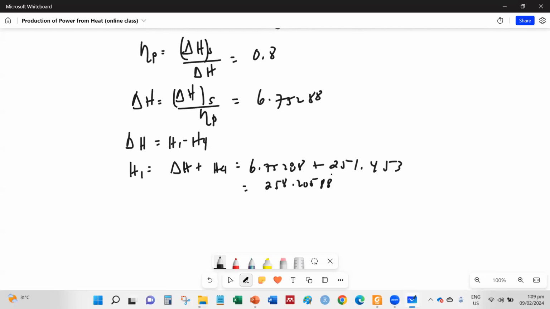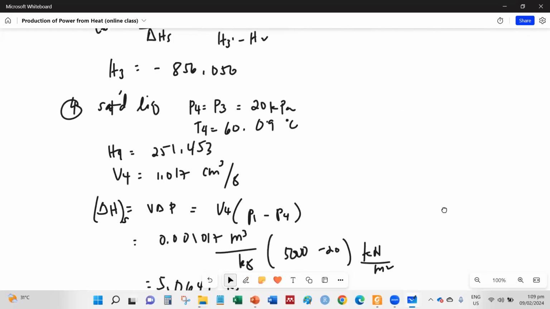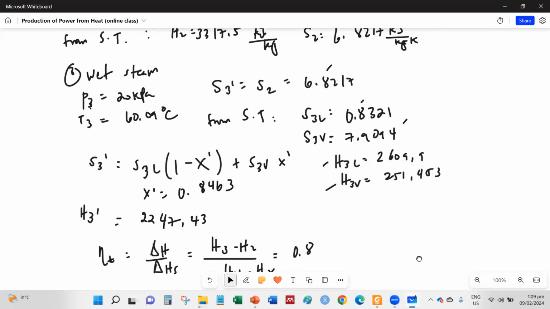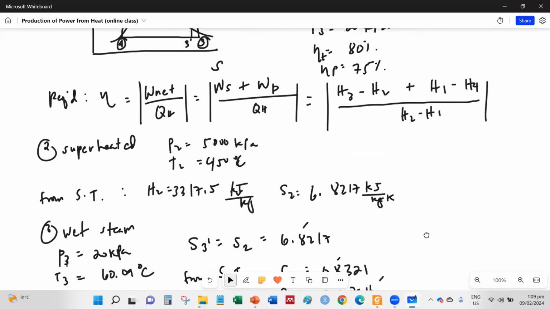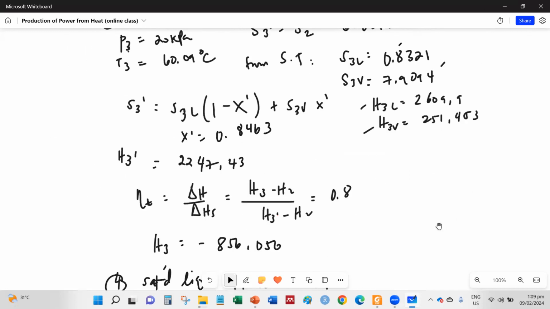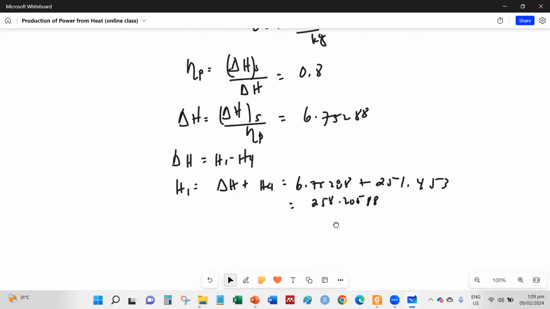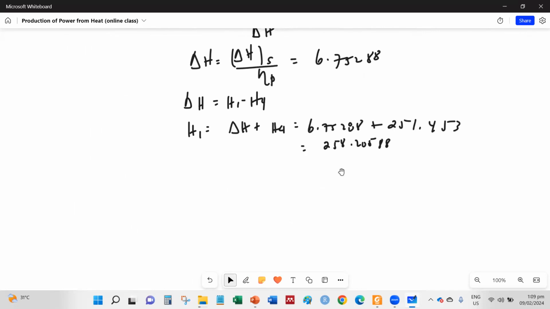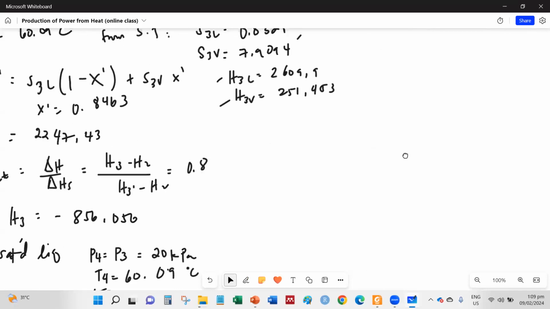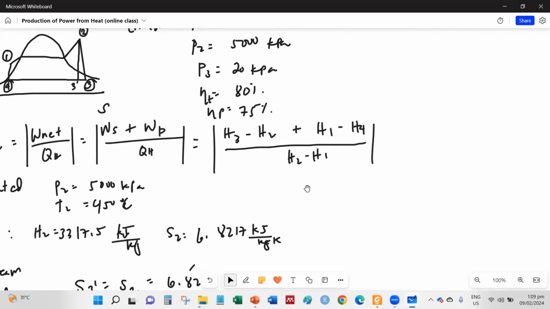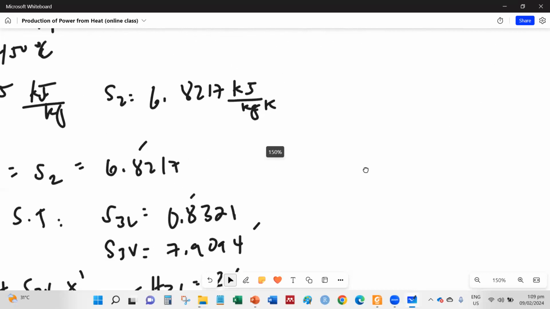Do we have all the values? H1, H4, H3, and H2. So we now have all the enthalpies. We go back to the equation and plug in the values.